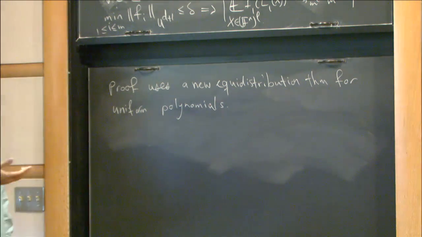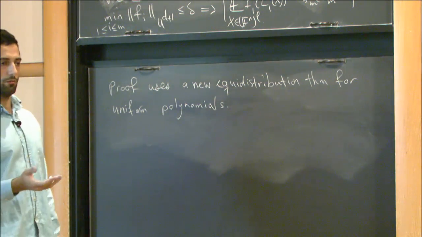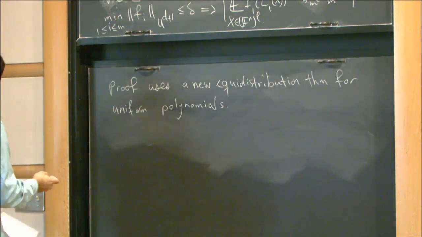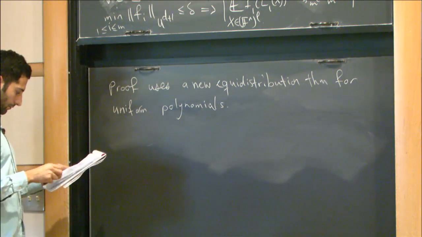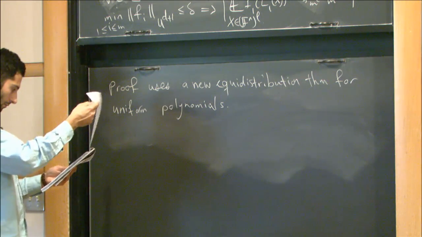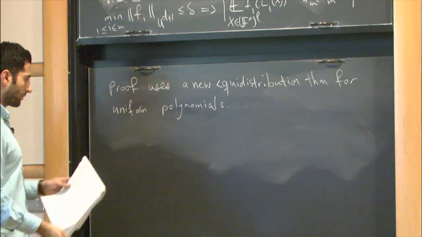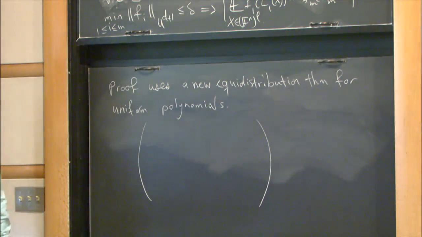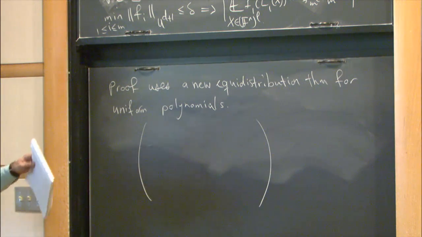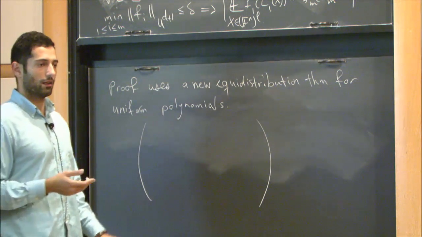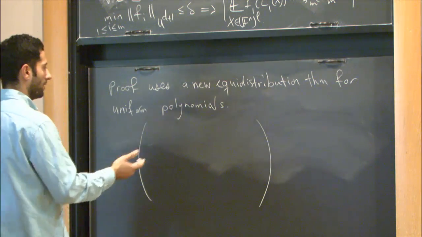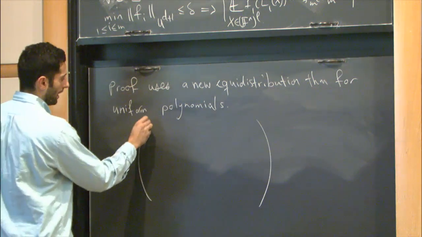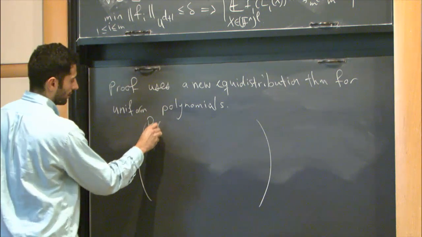Before I can formally state it, I have to make a few definitions. But roughly speaking, it says that if I have a pseudo-random collection of polynomials, and I look at the following matrix.